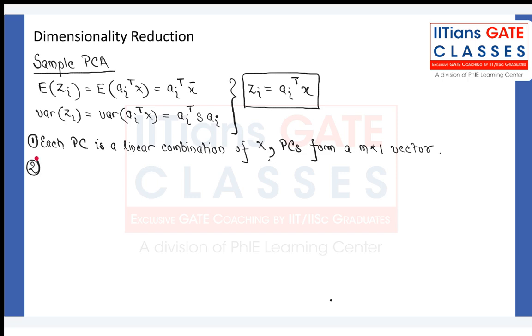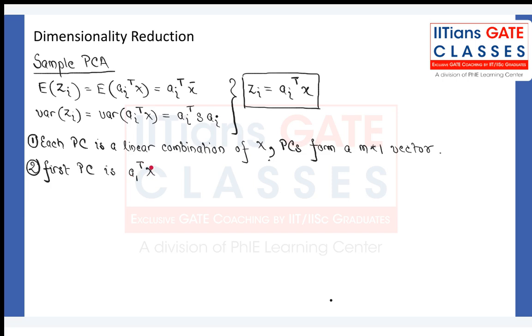Second, the first principal component, this is what I wrote earlier as well. So the first principal component is A1 transpose X, I is equal to 1, right?